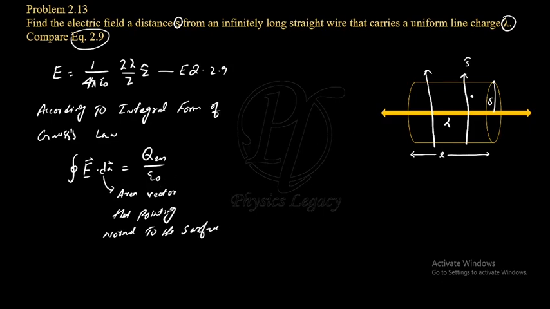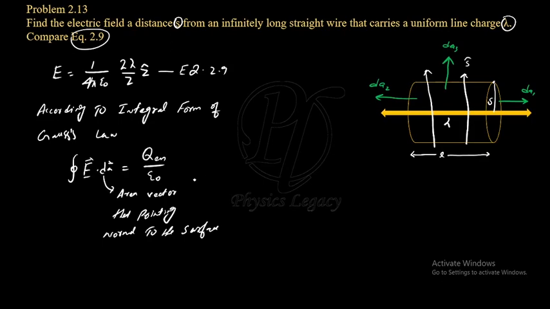Here we have three area vectors, as seen from the figure. The first area vector pointing in this direction is called dA1. The second area vector pointing in this direction is called dA2. And the third area vector directed in this direction is called dA3.